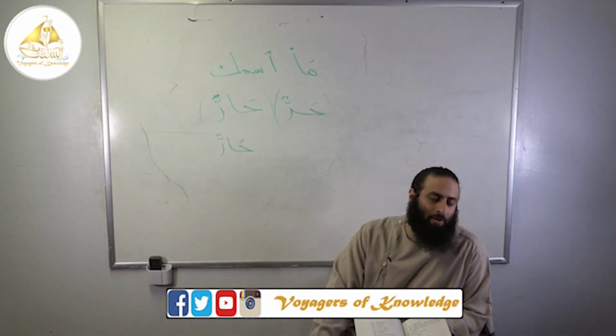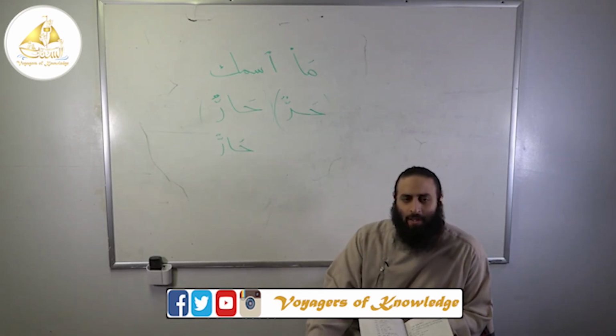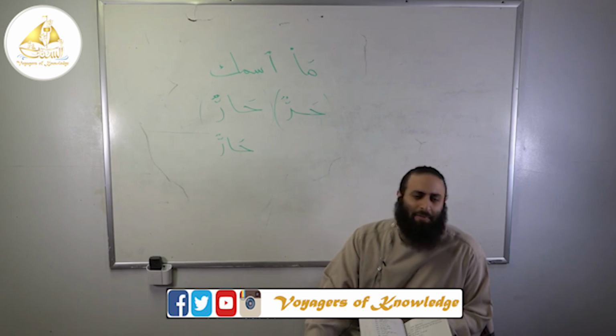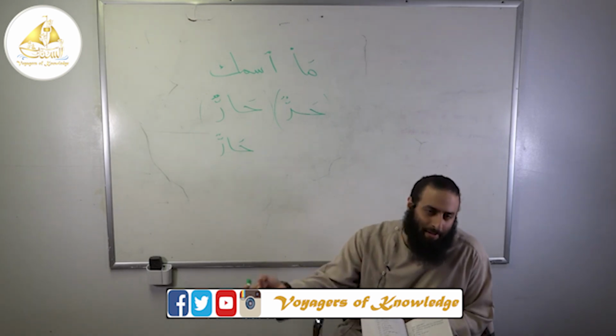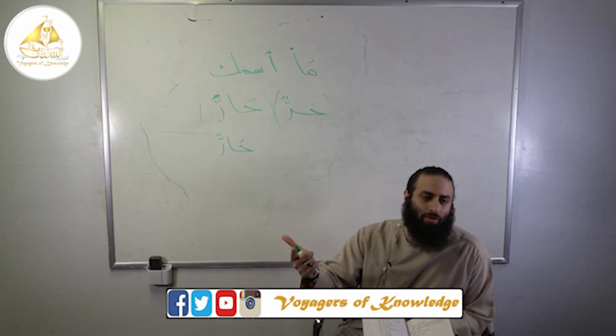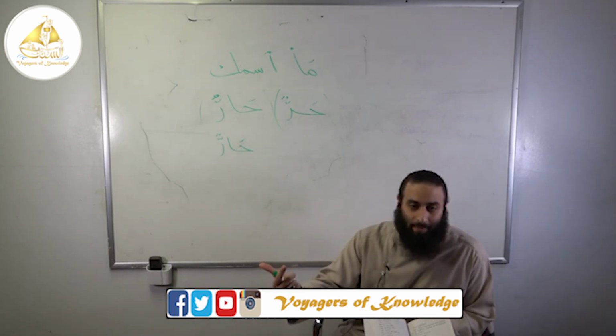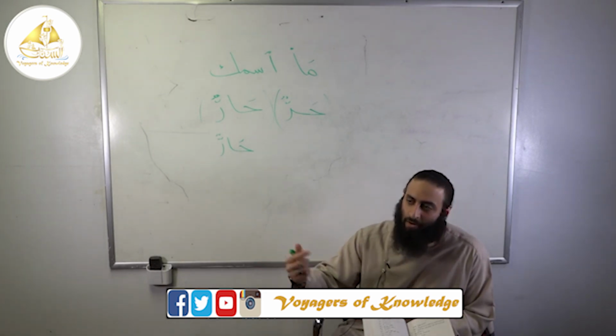Keep in mind that Ab is said differently in a lot of places. Sometimes they just say simple things like Baba. If you're calling your father, you can say Ebi, which means my father. They say Ya Ebeti, oh my father.